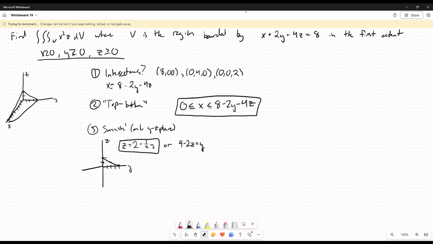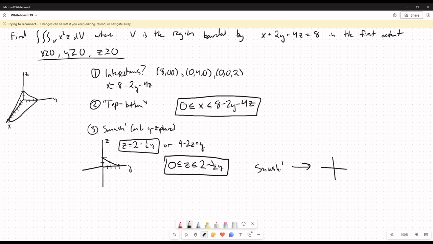So again, what are we between? Our z-coordinate is bounded between this line, 2 minus 1/2 y, and the y-axis. So we're going to have 0 is less than or equal to z is less than or equal to 2 minus 1/2 y. And now we're going to smush again onto the y-axis.